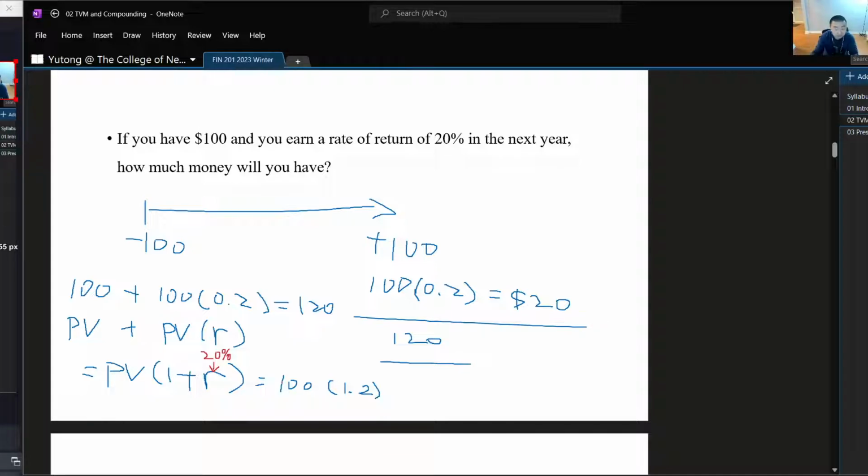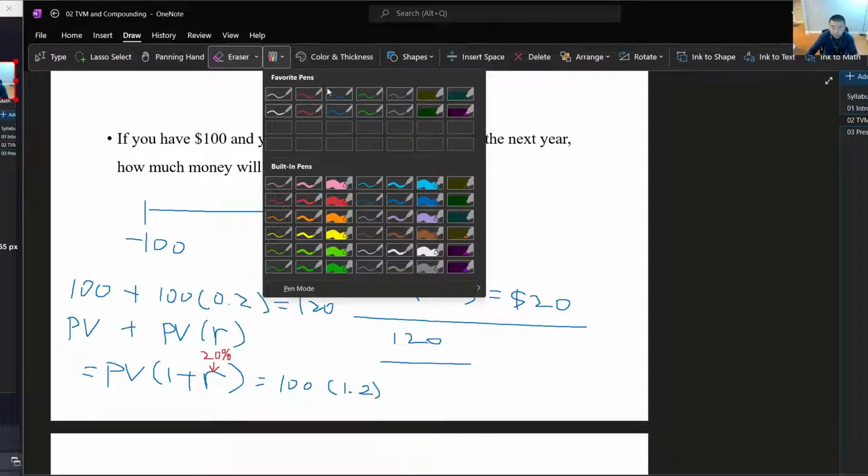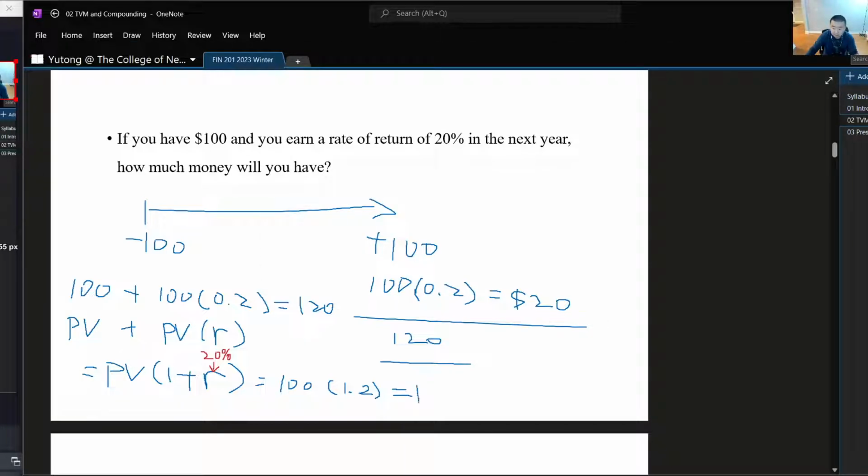So when you invest $100, you're going to end up with $120. Okay, this is why we cared about the intuition of return earlier, because we need to make sense of the future value calculations.